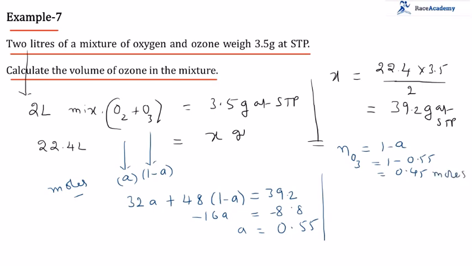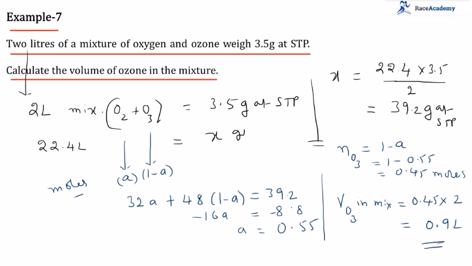And we can simply calculate the volume of the ozone in the mixture. Therefore, the volume of ozone in the mixture is the number of moles into the volume of the mixture. The volume of the mixture in the problem given is 2. That is equal to 0.9 liters. Now this is the answer for this problem.